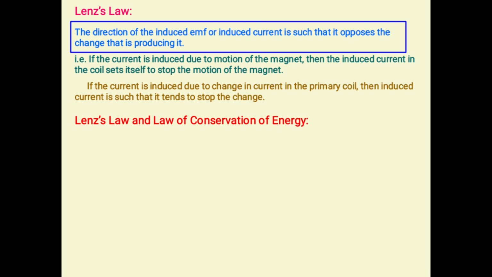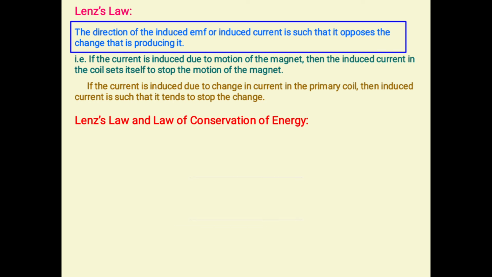The mechanical work done by the agent is converted into electric energy. You have to remember, in ideal cases, if we consider there is no loss of energy, then the mechanical work done is converted into electric energy, which is the cause of induced EMF or induced current.